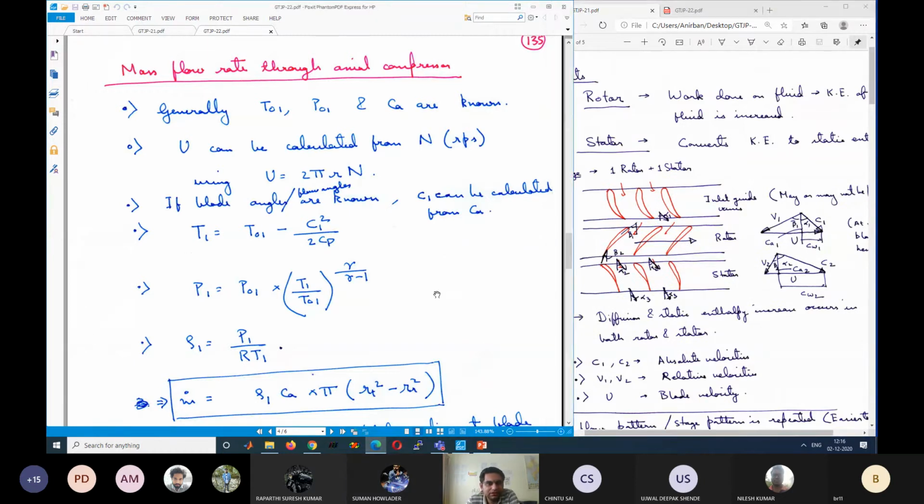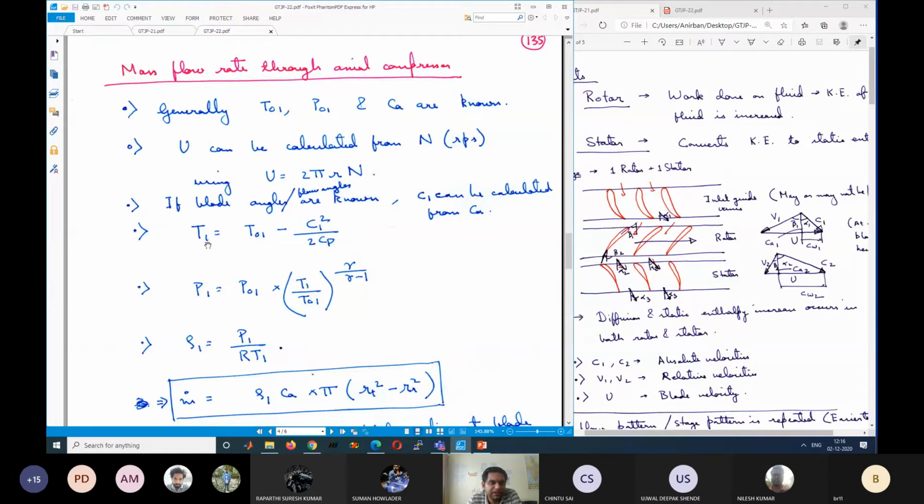Okay. Now finding the density is not straightforward, meaning you cannot find it directly, because you need the static temperature and pressure, and the stagnation temperature and pressure are known. So the static temperature at this point can be calculated from the stagnation temperature, similar to our centrifugal case, using T1 equal to T01 minus C1 square by 2Cp.